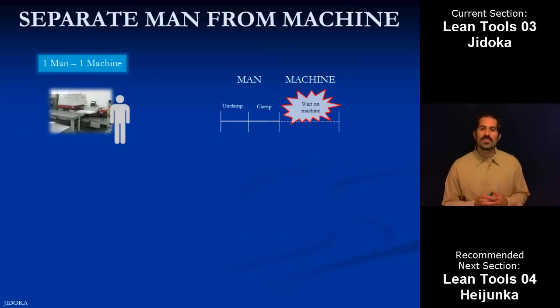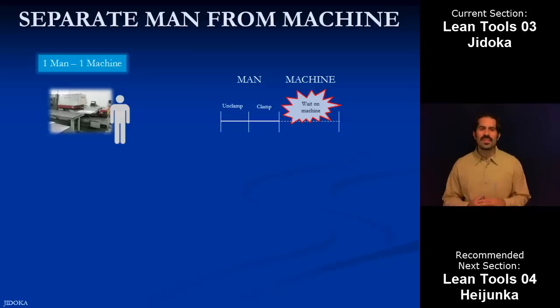Now this other concept of Jidoka, the first one in terms of building in quality and kind of notifying of abnormalities, kind of that visual cue to make abnormalities visual. The second kind of pillar of Jidoka, the second aspect of it, is this notion of separating man's work, human's work, from a machine's work.